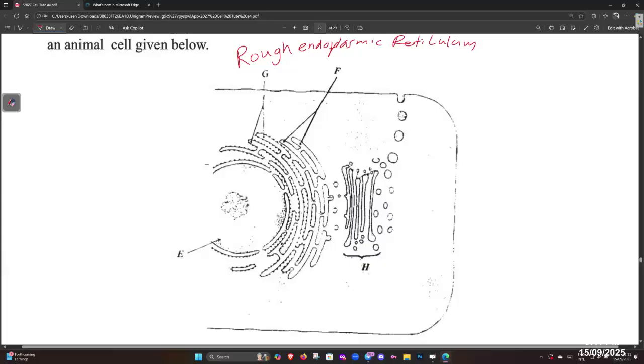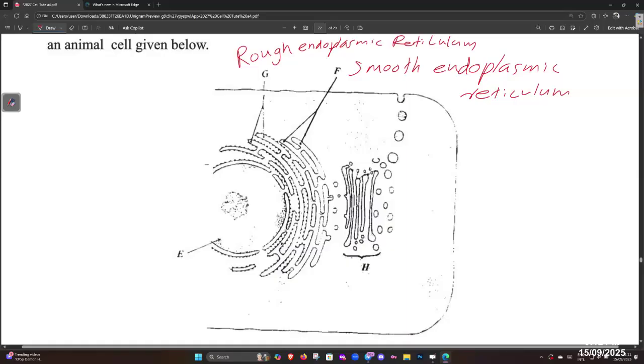Next, F. What is that? That is the outermost part, the smooth part. That is smooth endoplasmic reticulum. Then I can't actually identify H. Can you help me identify H?